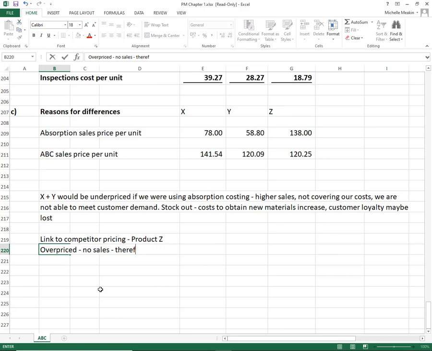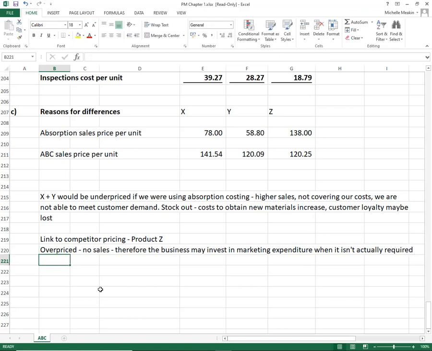Therefore, the business may invest in marketing expenditure when it isn't actually required, because it hasn't been priced effectively.